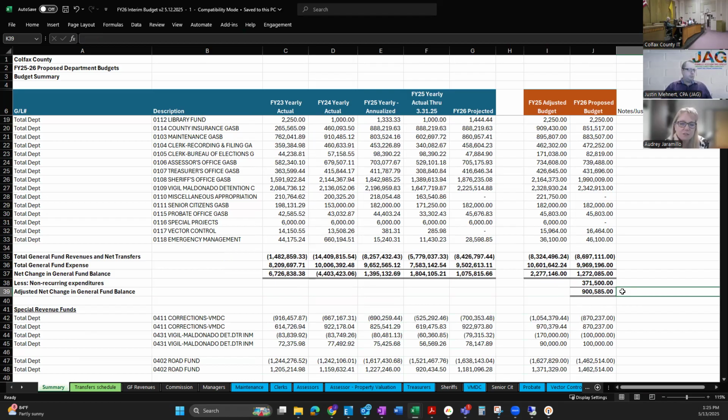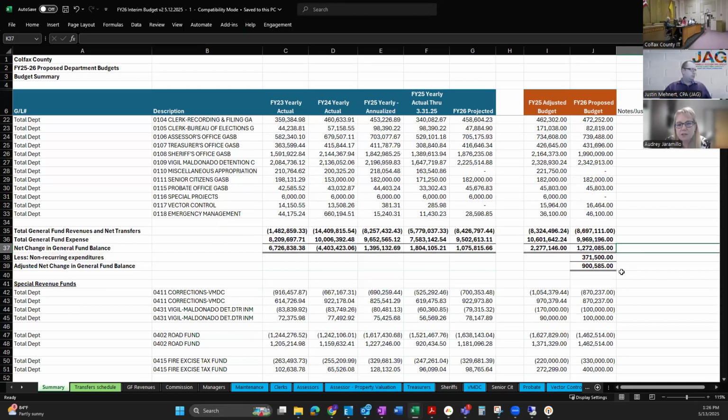So again, this is just the first draft coming to the commission, to not change it too much from what was there in the past, since we don't know the direction that the commission will want to go with it. But right now it is showing that if you passed it the way it was, you would be using up 1.3 million approximately of cash balance in order to balance the budget.